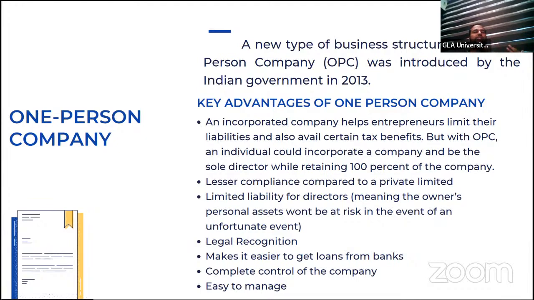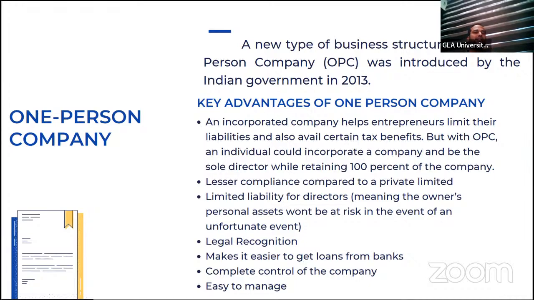For example, I have a home. I have some lands, right? So even if my business fails, the government cannot recover it through my personal assets, right? So my personal assets won't be at risk even if my company fails. This is what this point is.